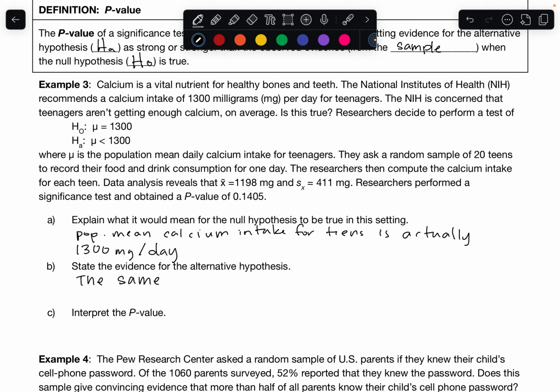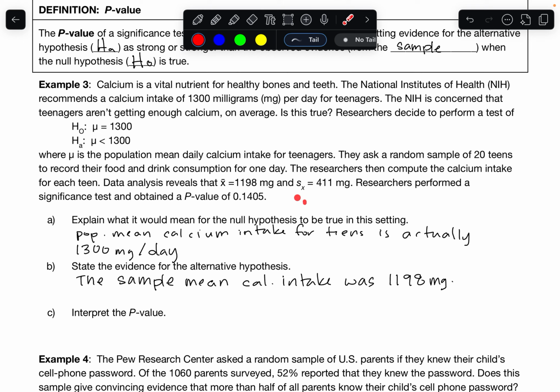So the sample mean calcium intake was 1,198 milligrams, which is less than the stated 1,300. So I can see that my sample is leaning in that direction. It is certainly less than.